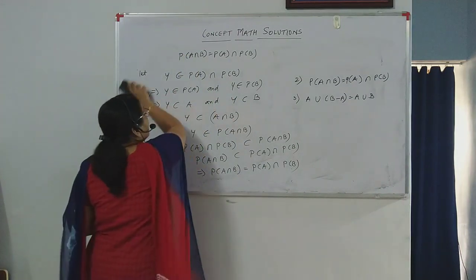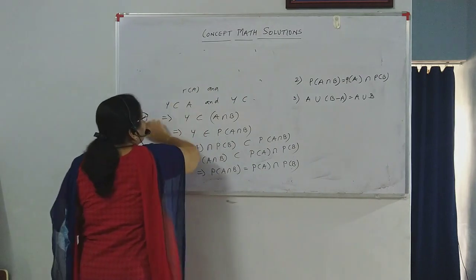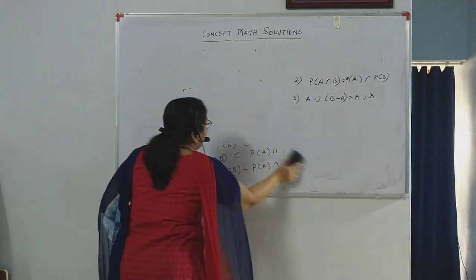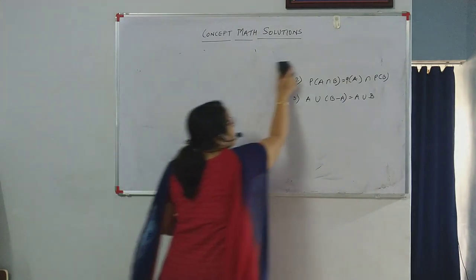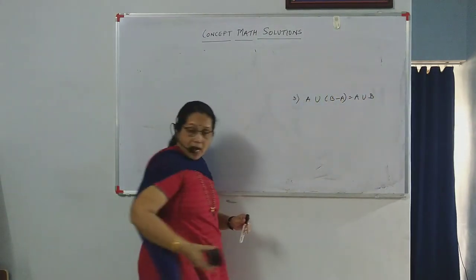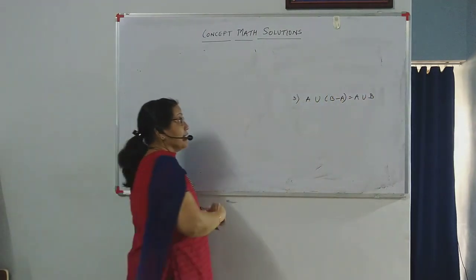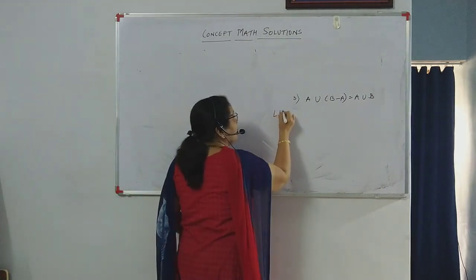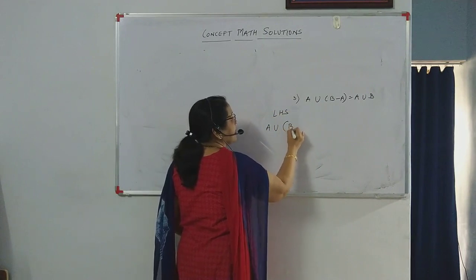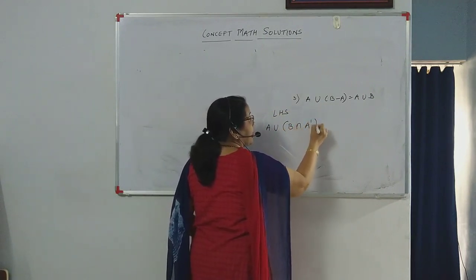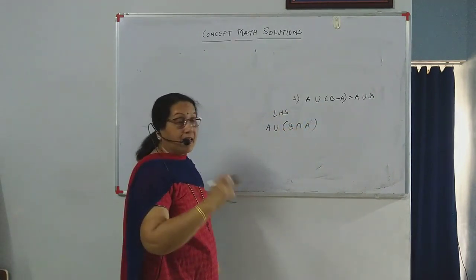Coming to the third part of this list of proving questions, say I have A union B minus A. I want to prove that it is A union B. Again, I am going to replace B minus A. A union B minus A would be A union B intersection A dash, which we discussed in the beginning.